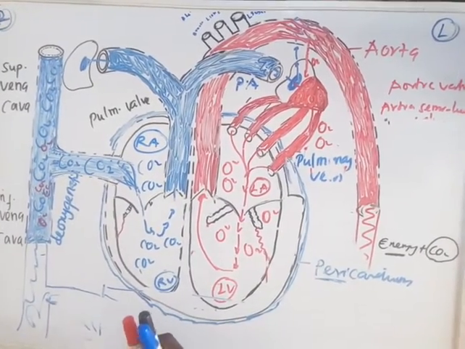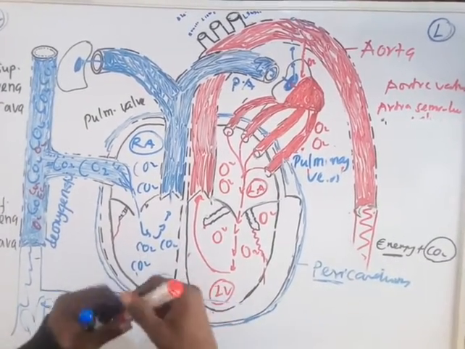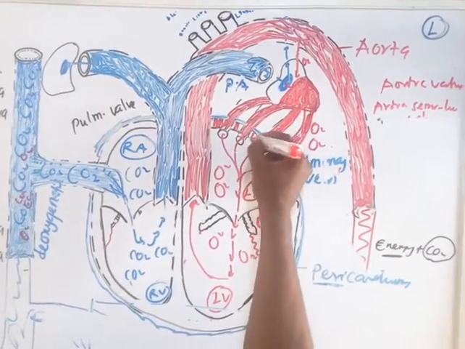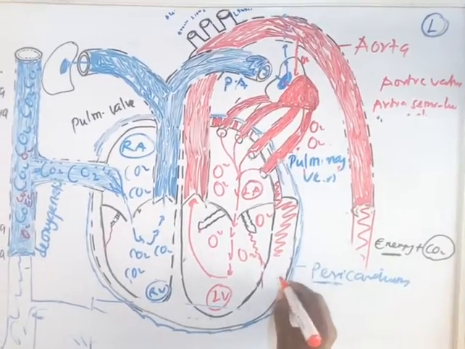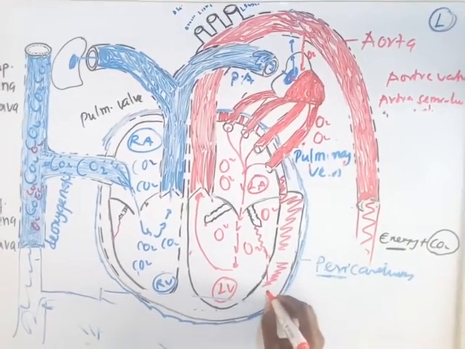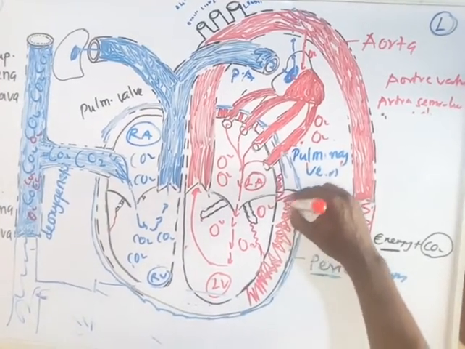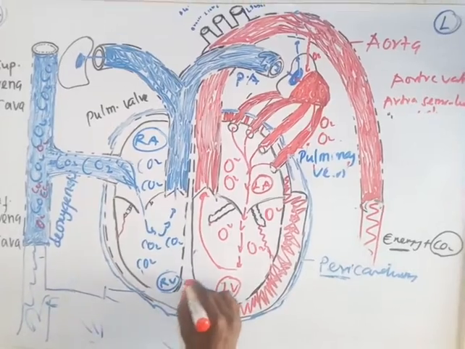The second layer to talk about is full of muscle. It contains bands of specialized muscles called cardiac muscles.